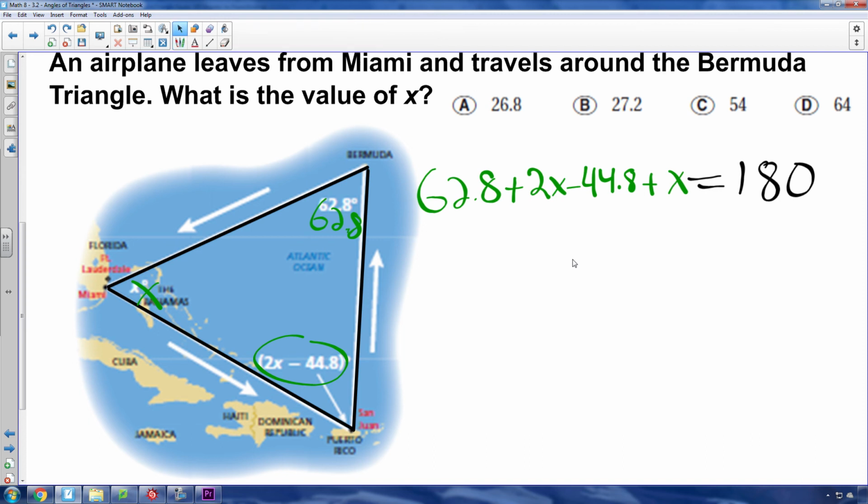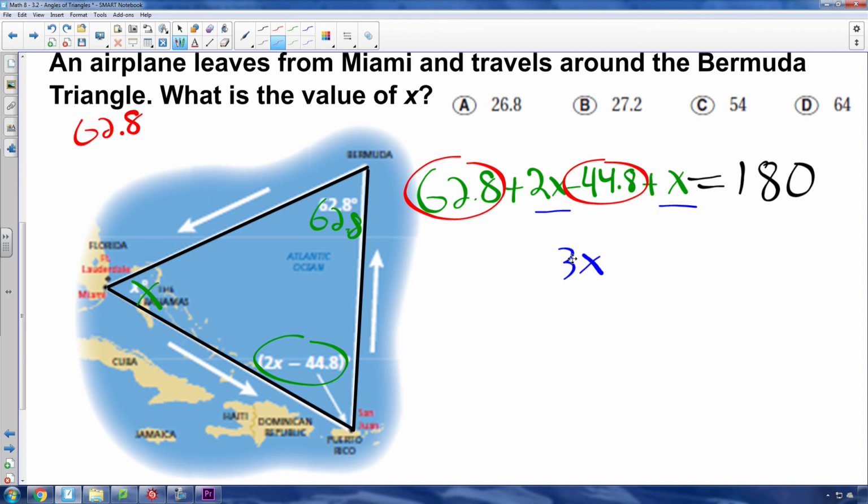So I'm going to go ahead and combine similar terms and try to solve this equation. That's 3x. And then here I've got to do 62.8 minus 44.8. So I've got 62.8 minus 44.8. That's going to be 18, I believe.